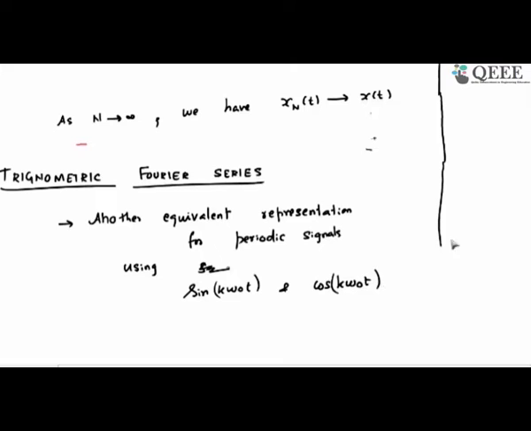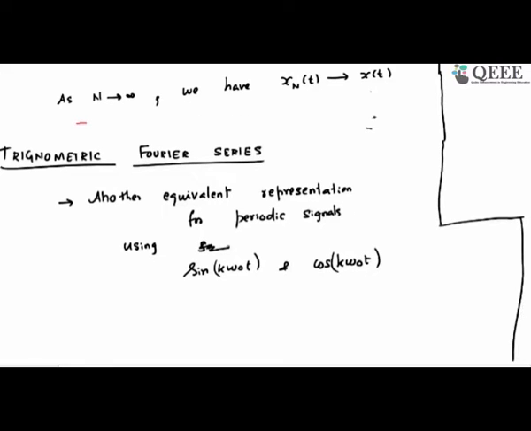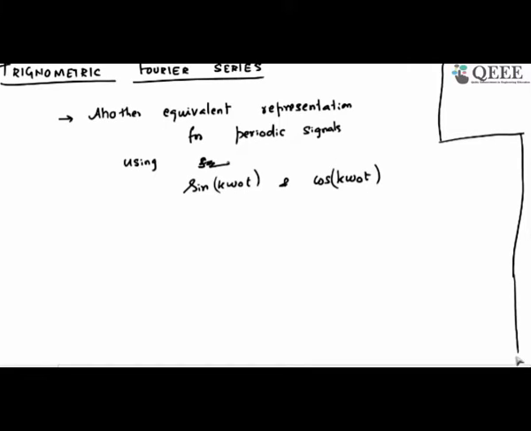So instead of e power j omega naught t, we use sine and cosine functions to write the Fourier series representation. Again, this might be useful in some other context.